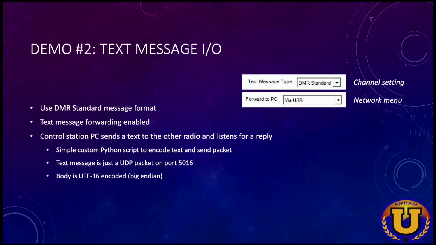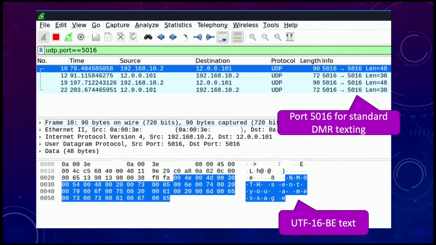Your radio is basically running a UDP listener server on that port, and stuff that comes in there gets displayed on screen as a text message. You do have to make sure that you encode your characters as UTF-16, big endian, but that's not hard to do. So let's go ahead and swap over to the video for this demo.